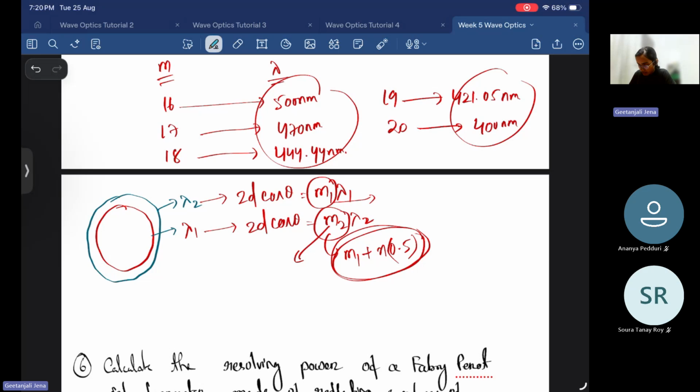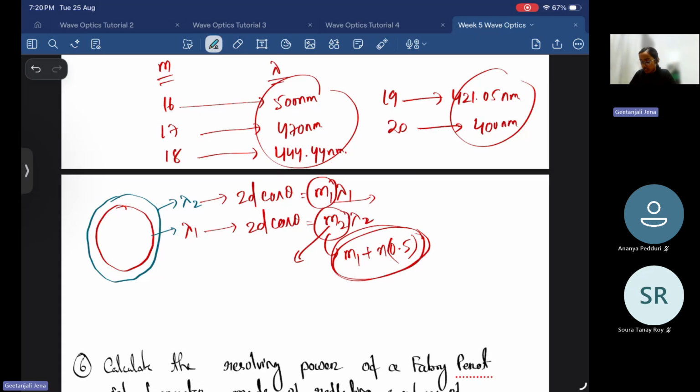So mathematically, it means the values of m1 and m2 are integers in both cases. But because you are expressing one order in terms of another order, you are getting a value of 0.5.